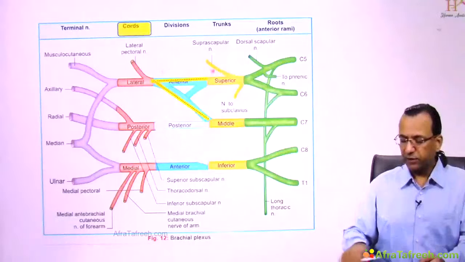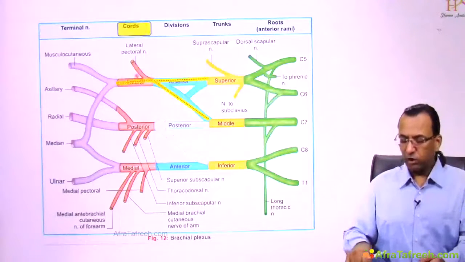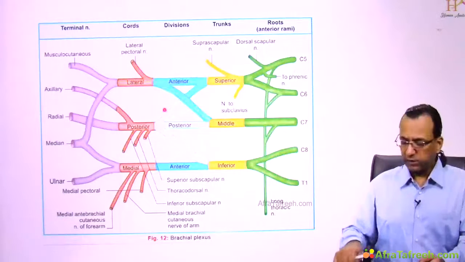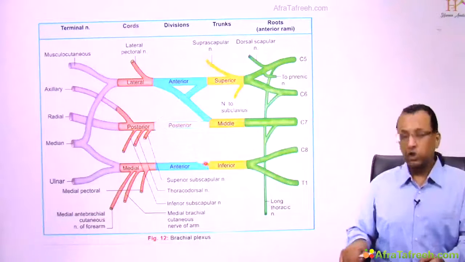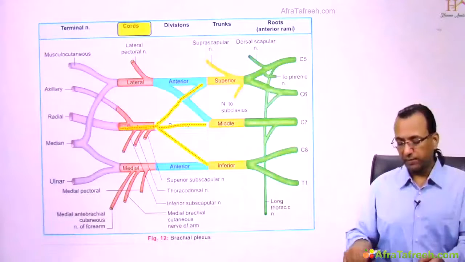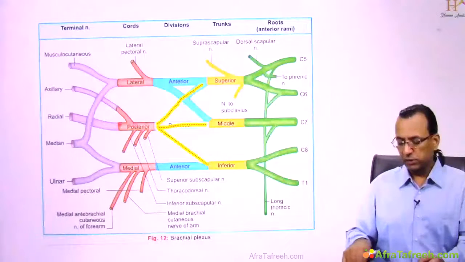So, the anterior division of the upper trunk and middle trunk join to form the lateral cord of the brachial plexus, whereas the posterior divisions of the upper trunk, middle trunk and also the lower trunk join to form the posterior cord of the brachial plexus, which gives the posterior nerve of the arm, called the radial nerve.